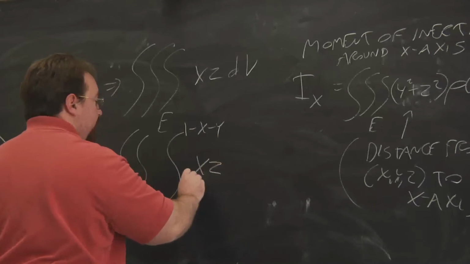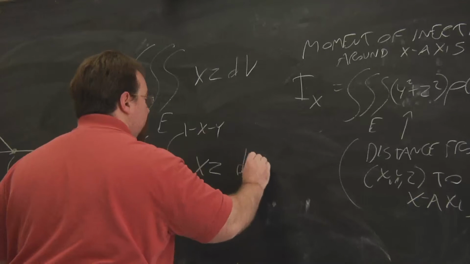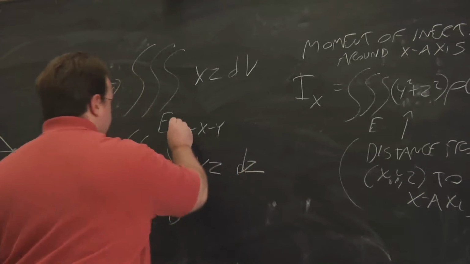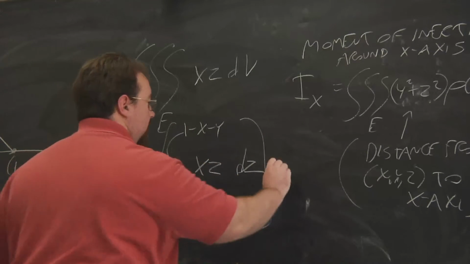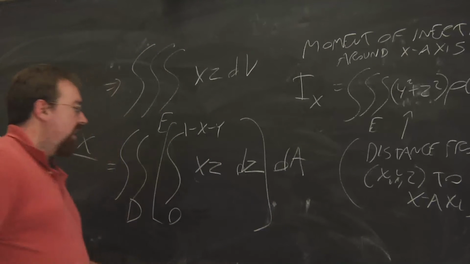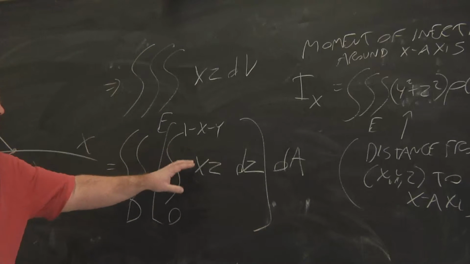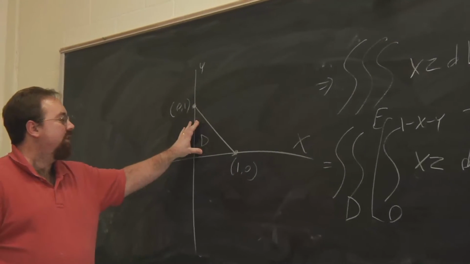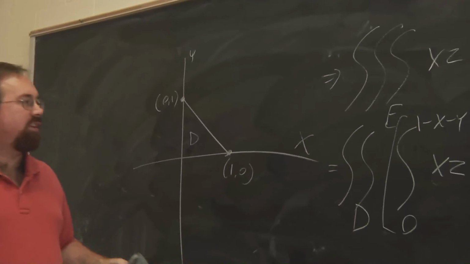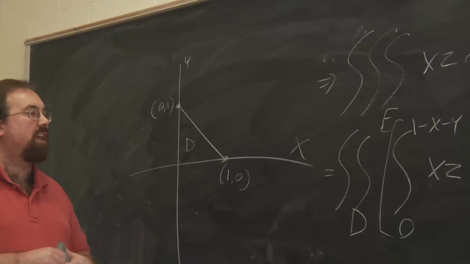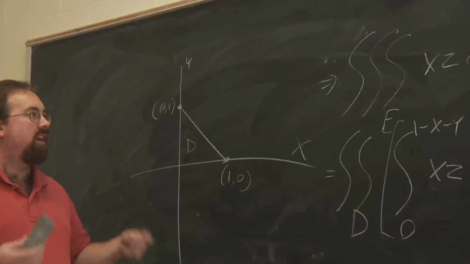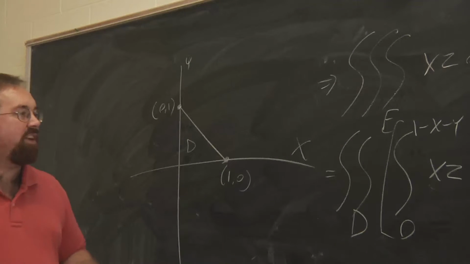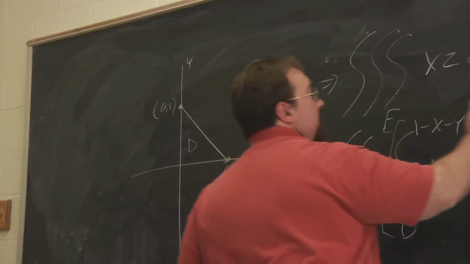We'll integrate our function with respect to z. So that's our innermost integral. And then what we get from this will now carry out a double integral over this triangle. So at least we're taking this one variable at a time, trying to reduce a triple integral to an easier to handle double integral.